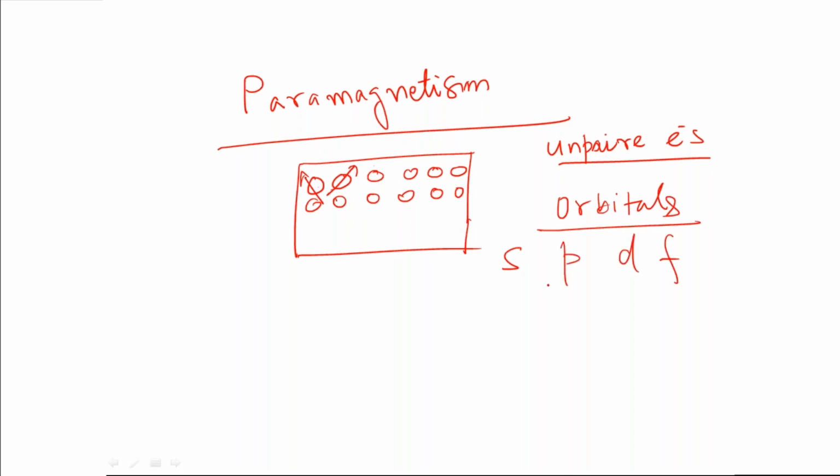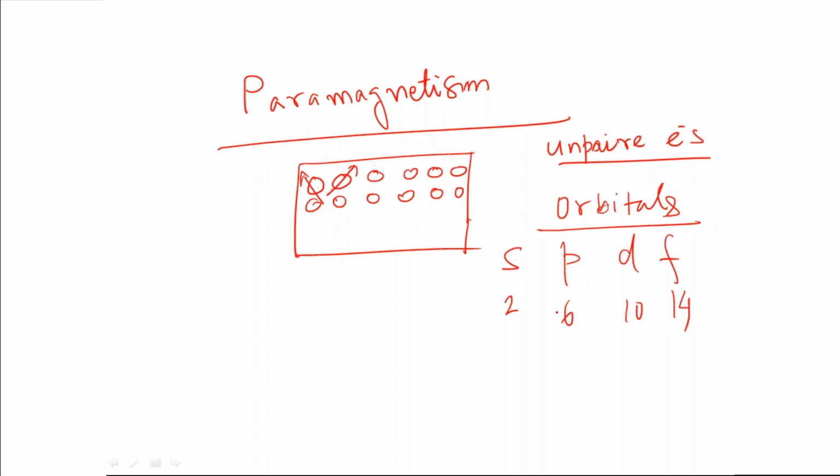Unpaired electron, you might be thinking what is this then. I'll tell you what is this. So this atomic dipole moment is due to unpaired electrons. So you have all the orbitals, right?